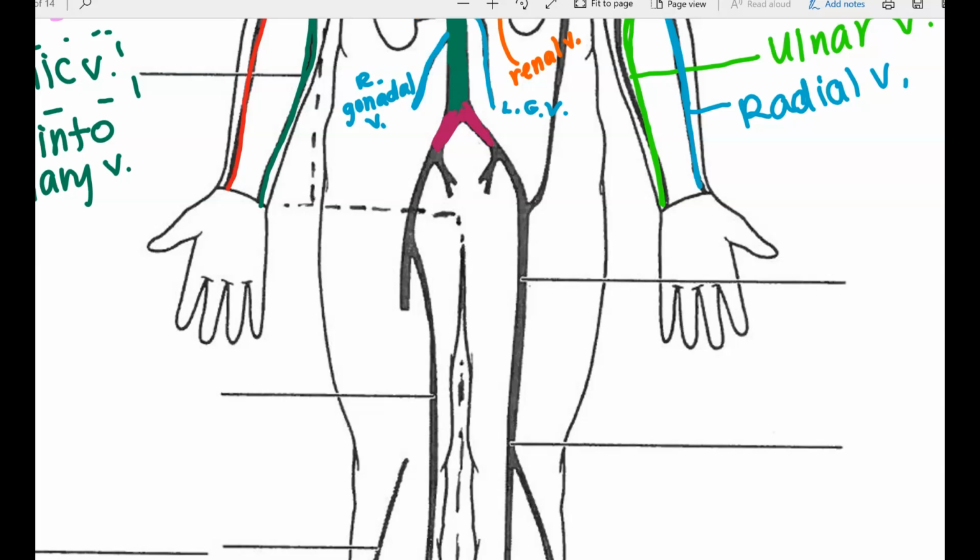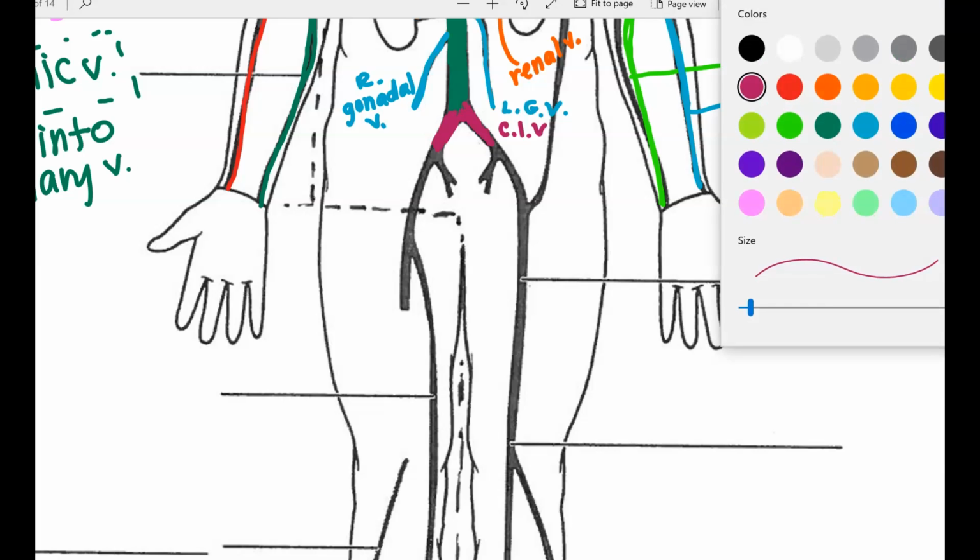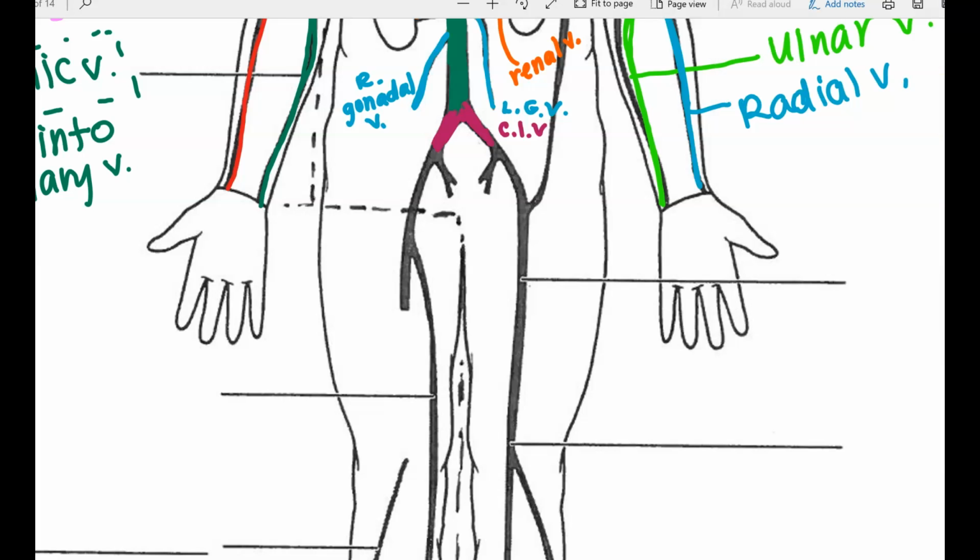So I'm just going to put CIV for common iliac veins. And then, of course, as you would expect, that is going to divide into internal iliac veins. So IIV there. And the other one will be our external iliac vein. Okay, EIV.